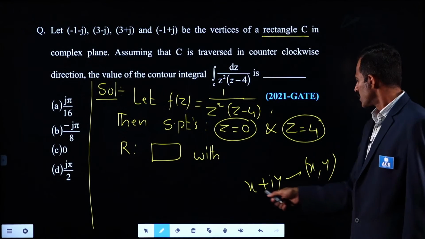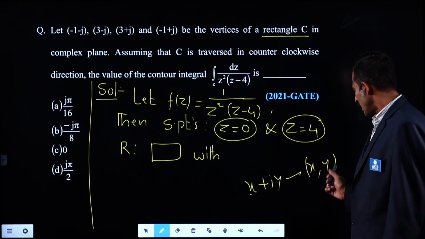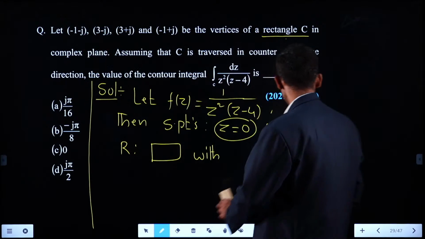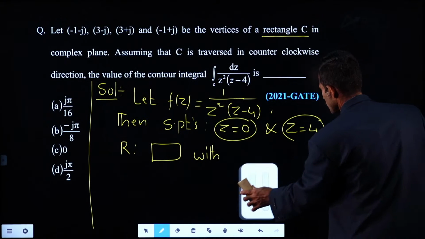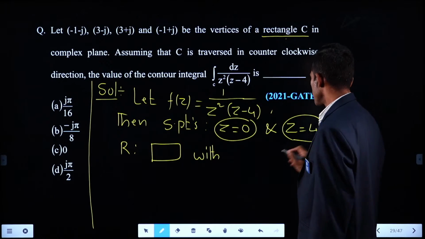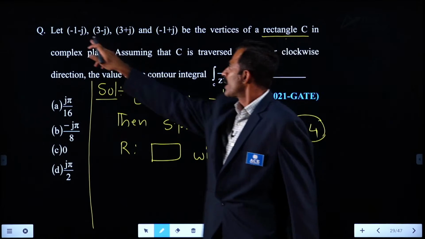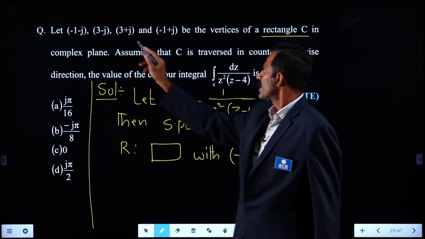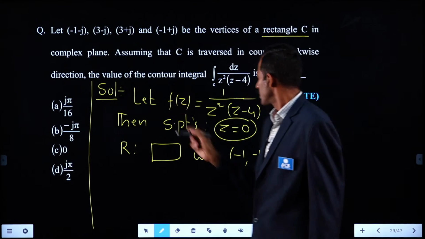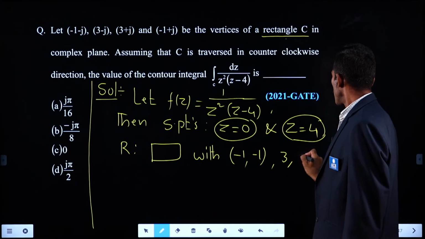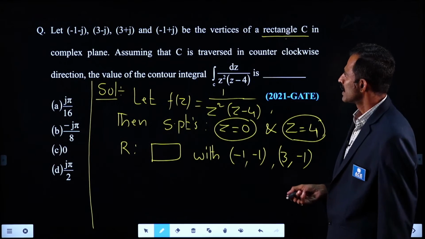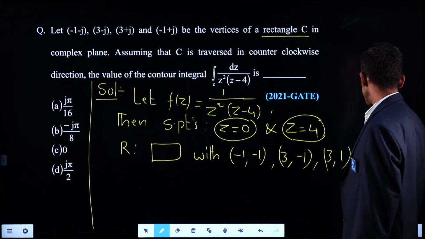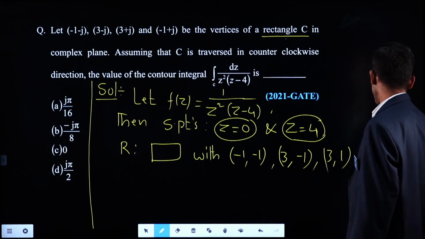So the first vertex is minus 1 comma minus 1. Next, the second vertex is 3 minus j, that is 3 comma minus 1. The third vertex is 3 comma 1, and the fourth vertex is minus 1 comma 1.